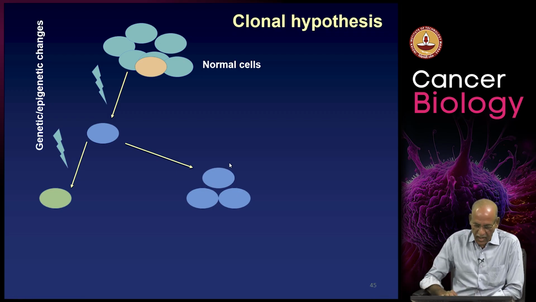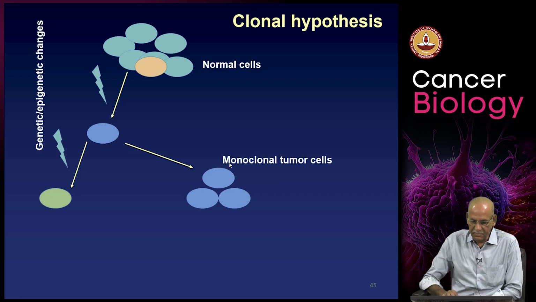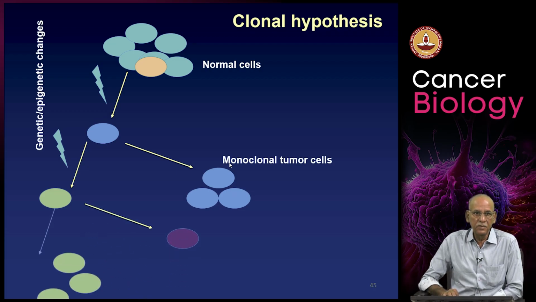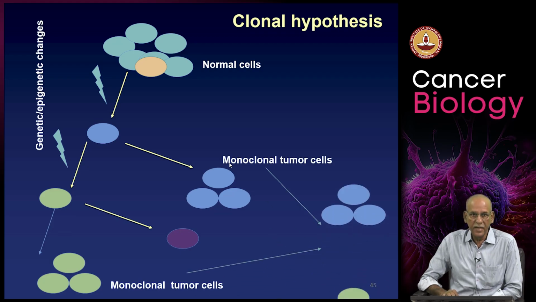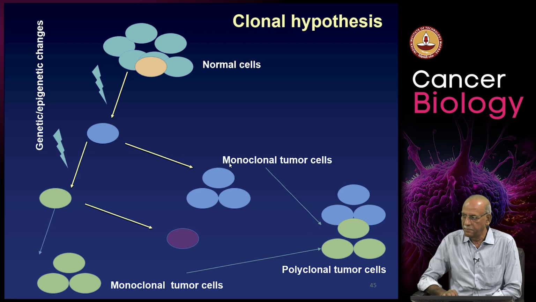So, this is one idea, but this is not the same. Like that, in several portions, several clones would have formed. So, there will be such monoclonal tumor cells, 2 or more. When they combine in a given tumor, you get so called polyclonal tumor cells.